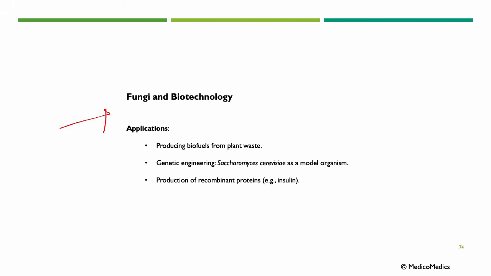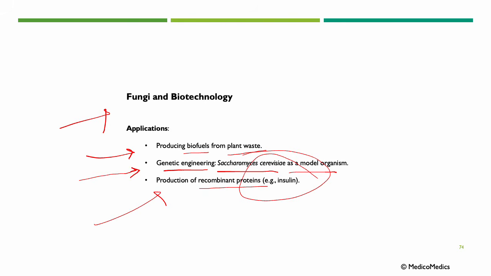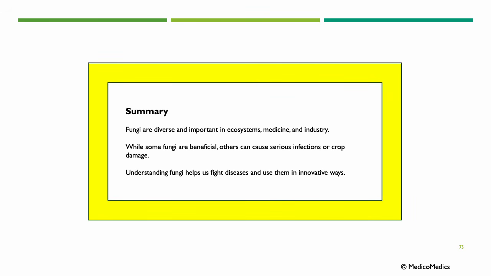What about fungi and biotech? Some applications include producing biofuels from plant waste, and involvement in genetic engineering as a model organism, and the production of recombinant proteins like insulin. So in summary then, fungi are diverse and important in ecosystems, in medicine, and in industry.